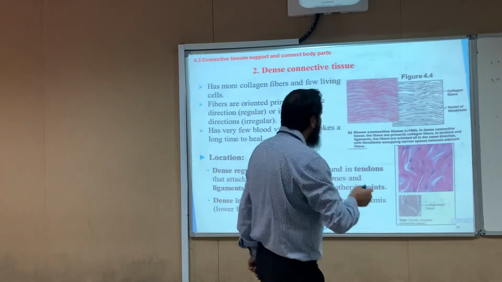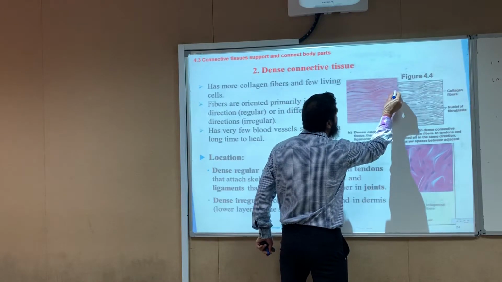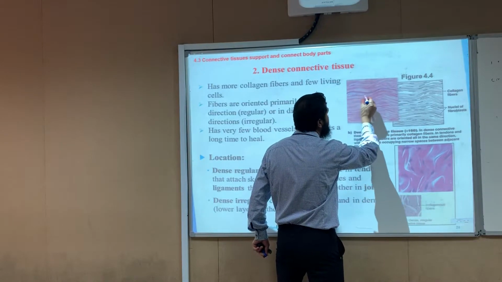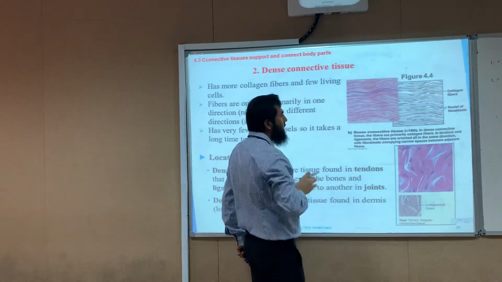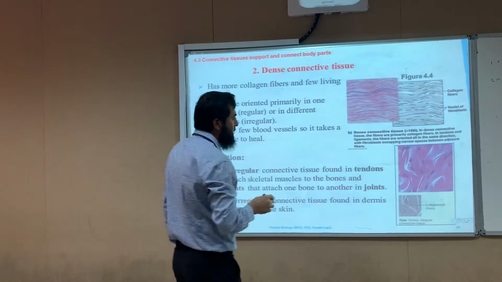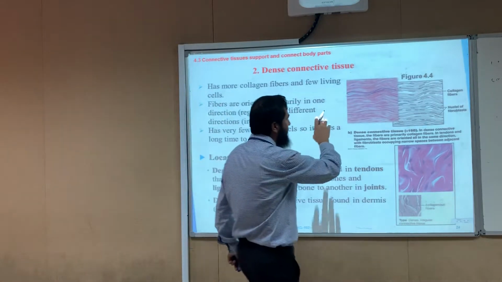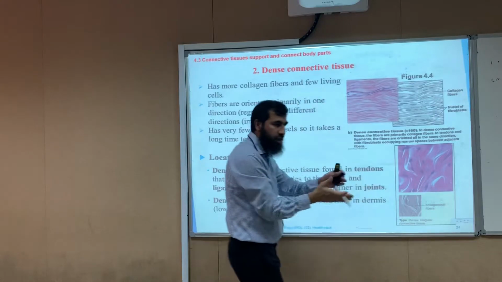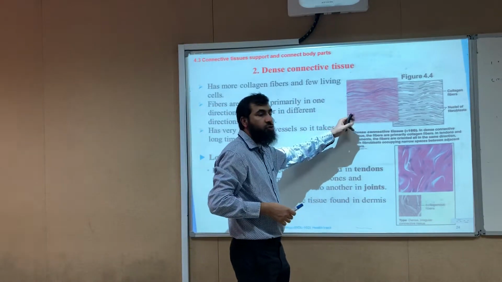So the fibers, if you have a look at it, are really packed together. There's very little room, and they're arranged in a parallel arrangement, right next to each other. The reason is this gives the tendon strength.